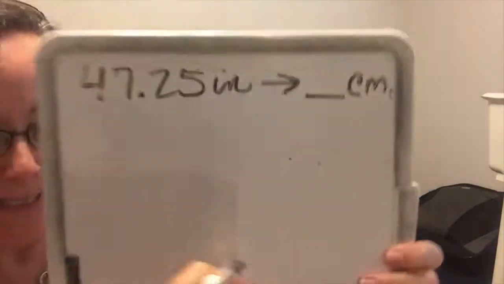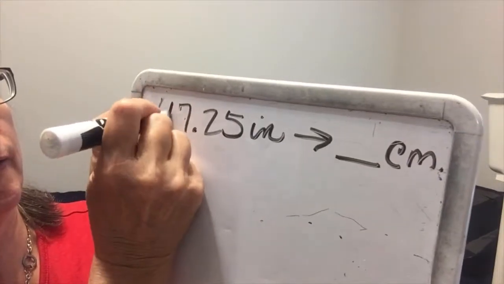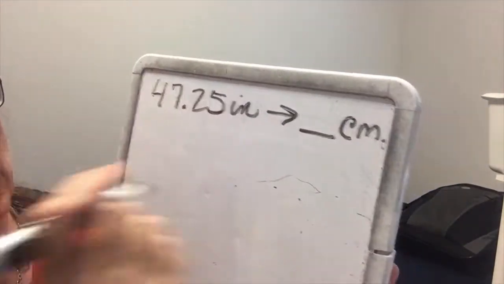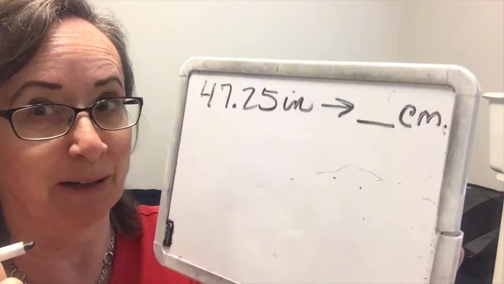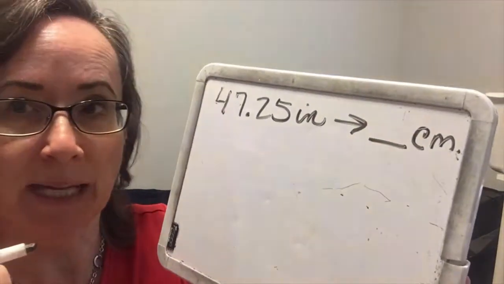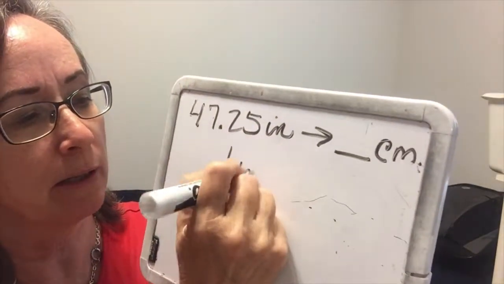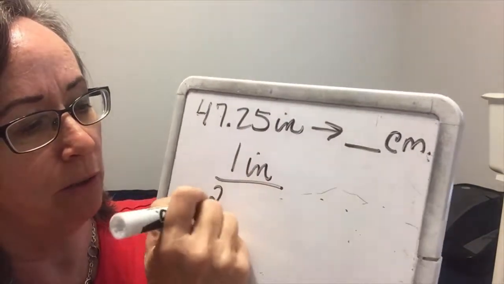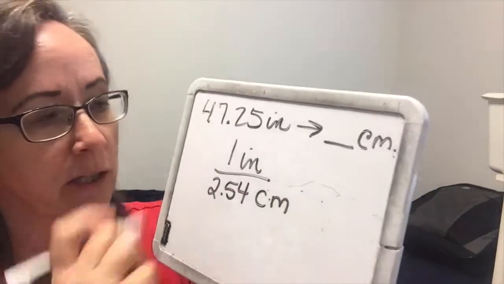Okay, so now we're going to look at the next one. And the next one is 47.25. And that right now is in inches, but we want it in centimeters. So we have to know the conversion between inches and centimeters. So we know that 1 inch is 2.54 centimeters. That's a good approximation.